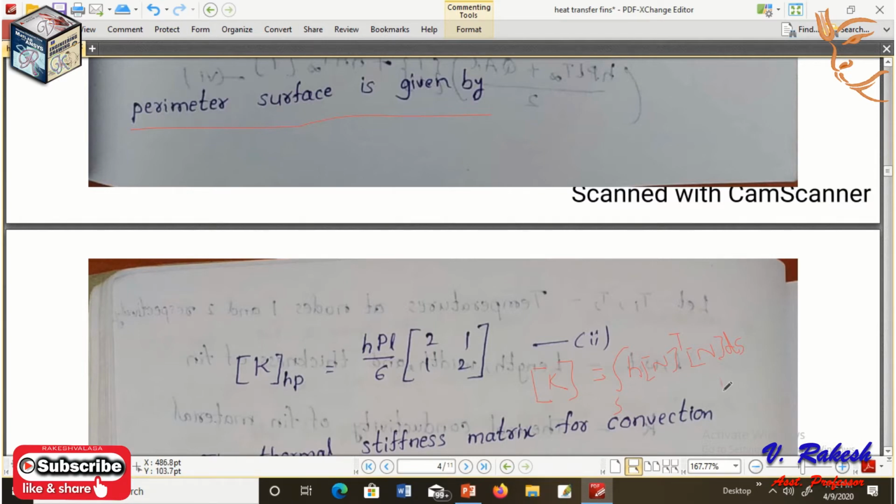The surface integral runs over the interval from 0 to L, and ds equals P dx, where P is the perimeter of the fin and dx is the length element. N is the shape function for a one-dimensional bar element, that is N1 equal to 1 minus x by L, N2 equal to x by L. Now substituting N1 and N2 in this equation, we get hPL by 6 [2 1; 1 2].